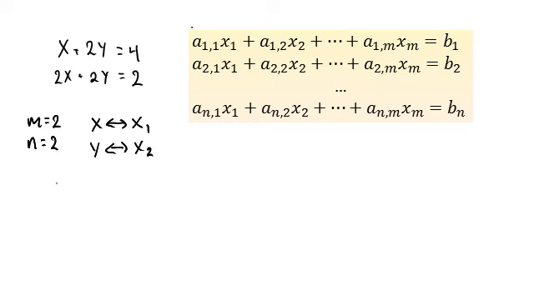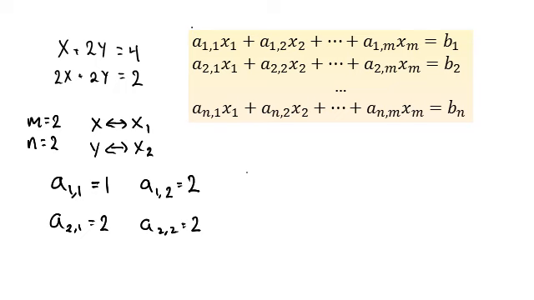We see that a1,1, that's the constant in front of x in the first equation, is 1, a1,2 is 2, the constant in front of y in the first equation, a21 is 2, and a22 is 2. And finally, b1, the right hand side constant of the first equation, is 4, while b2 is 2.